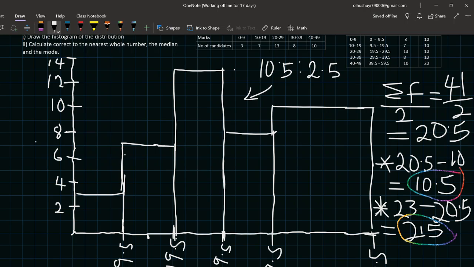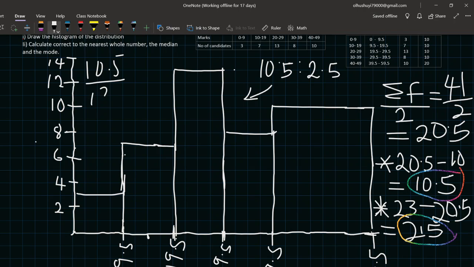So we use it. That will be 10.5. Let's do it together. We have 10.5 upon 10.5 plus 2.5.